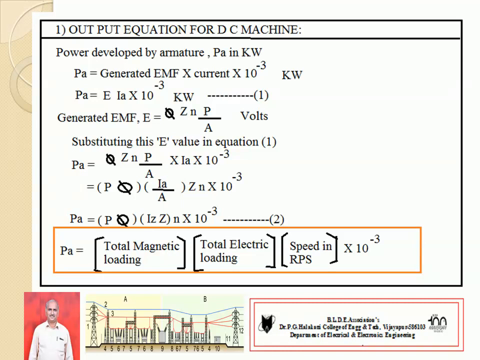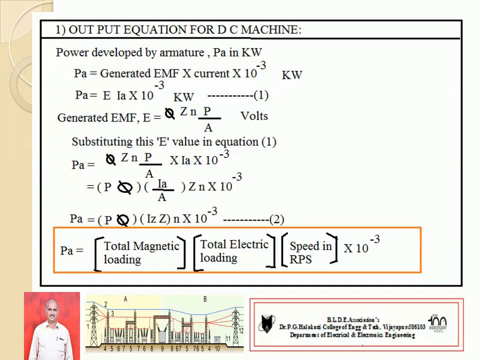The armature current per parallel path is equal to the current flowing in one conductor, that is IA by A equals IZ. Replacing this factor, we get equation number 2: P pi IZ into Z into N into 10 to the power of minus 3. What is P pi? Total magnetic loading. What is IZ into Z? Total electric loading. What is N? Speed in RPS.